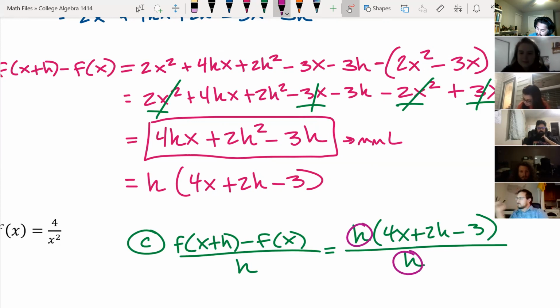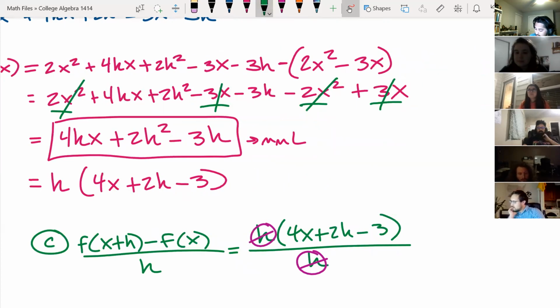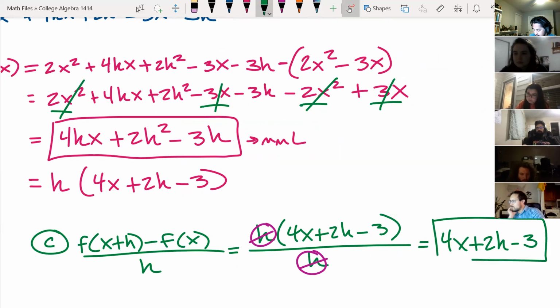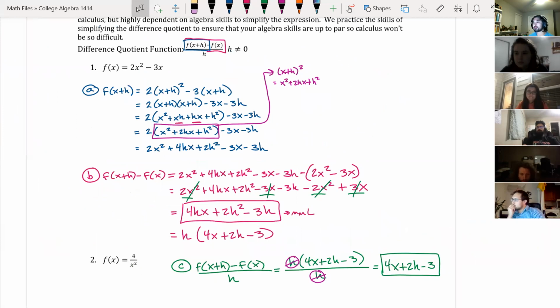The h's. And we get our final answer of 4x plus 2h minus 3. Look at that. Beautiful, huh? Now you see how easy it is to make a mistake when you're going through all that work, right?